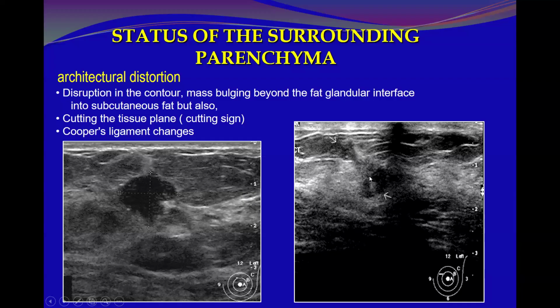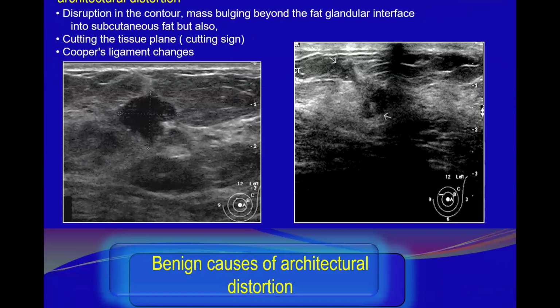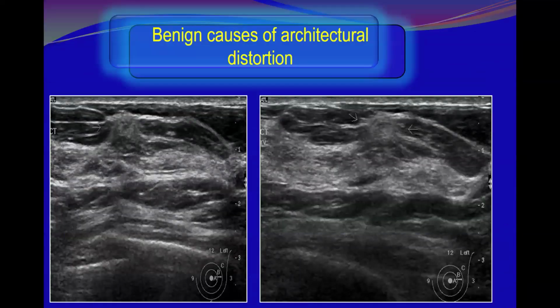And this also, while bulging, is cutting the tissue plane, and the Cooper ligaments are tethered and pulled by the mass. Disorganized, straightened, pulled by the mass. So all features suggestive or highly suggestive of underlying malignancy. If I look at this example, any rule has an exception.